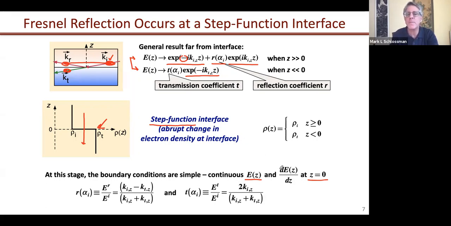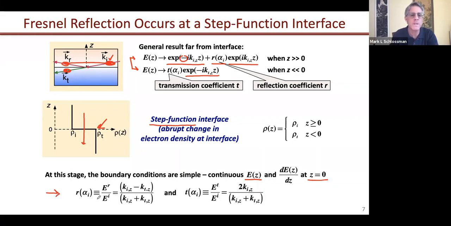You can do the same kind of thing with the derivative: take the derivatives of these, substitute Z equal to 0, and set these two equations equal to one another. Then you have two equations and two unknowns, and that allows you to solve for the reflection coefficient R and T, which is what we've done down at the bottom here.